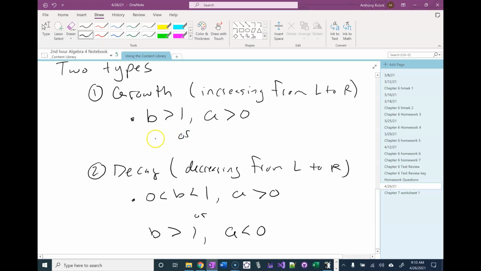So the other situation is if our b is between 0 and 1, but the a this time is negative. So basically the way I think about it is the first situation or the reflection of the opposite situation, right?